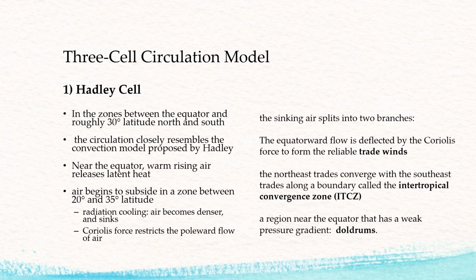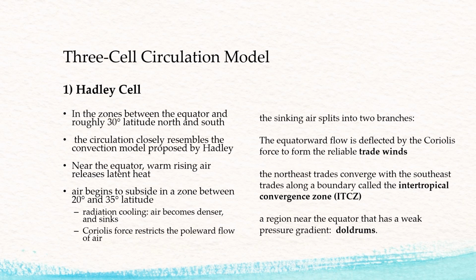The trade winds from both hemispheres, from the south and from the north, meet in this zone. It's called doldrums because there are light winds and humid conditions.